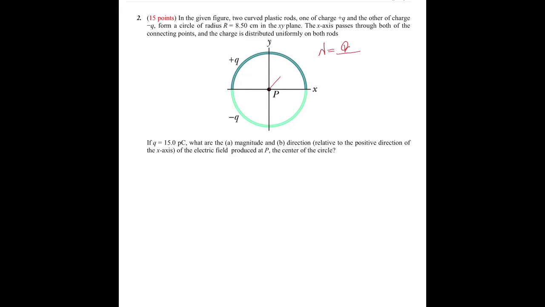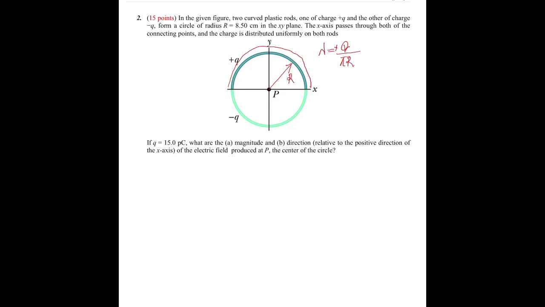The radius is r, then the complete circle is 2 pi r, that is the circumference of the circle. So this section is only pi r. That is the charge density.